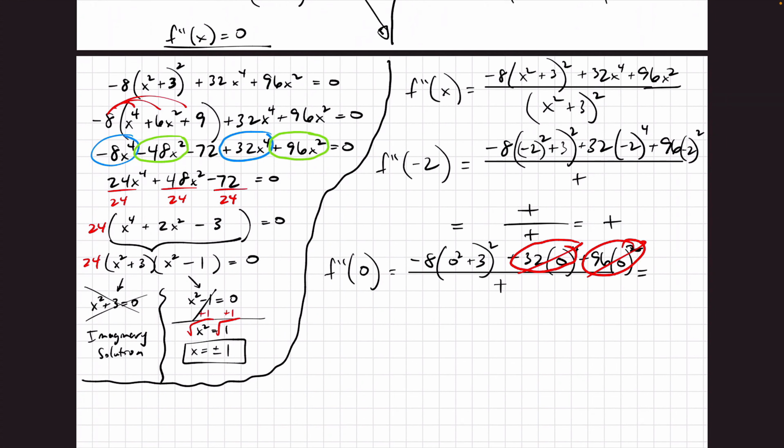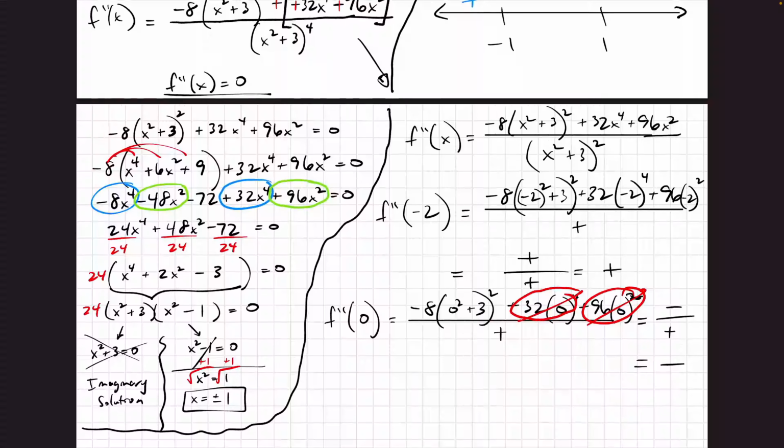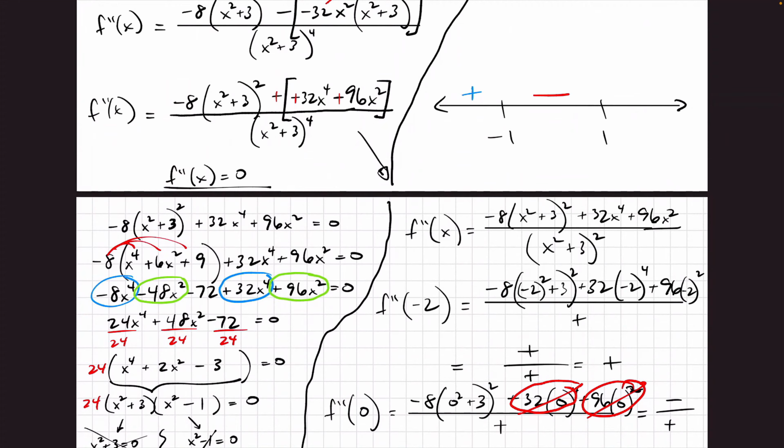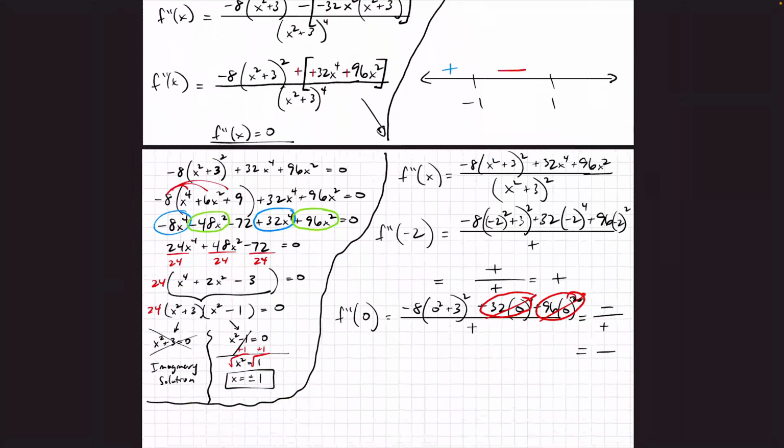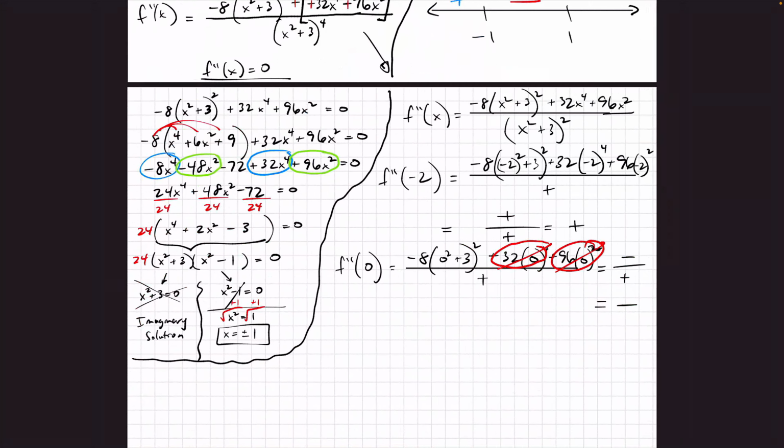That guy's going to be negative, right? Because it'll be 3 squared, which is 9, times -8, which is -72. So we would get a negative over a positive, which makes a negative. And it's just positive again. Now, you don't even have to do it because they're all positive.